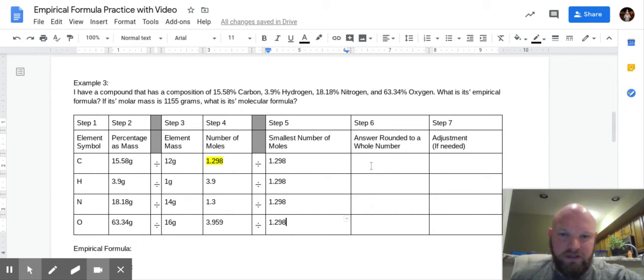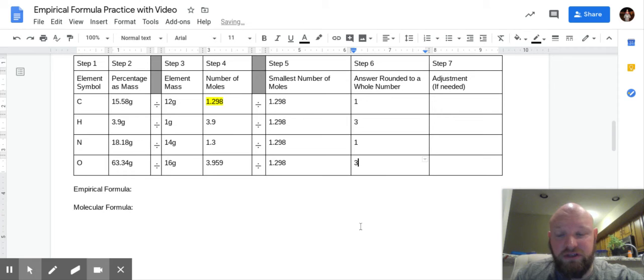Okay, so this is going to equal 1. This is going to come out to like 1.00 something, so we're going to call it 1. 3.9 divided by 1.298 is going to give us 3 when we round it. And 3.959 divided by 1.298 is going to give me roughly 3 as well.